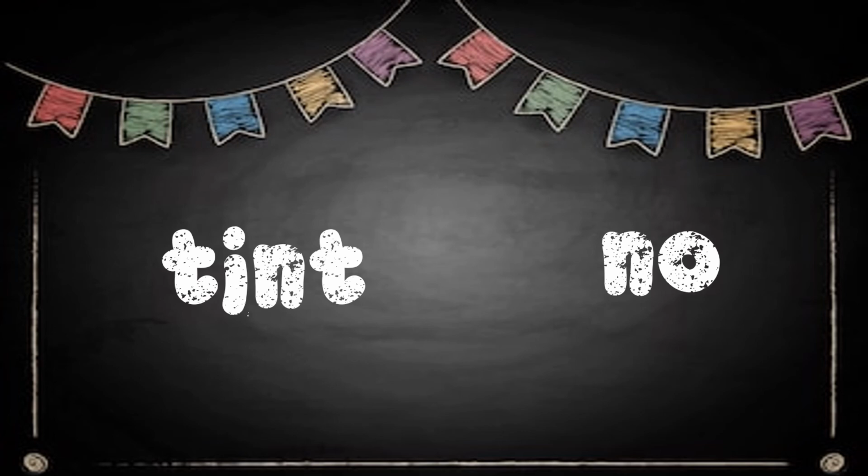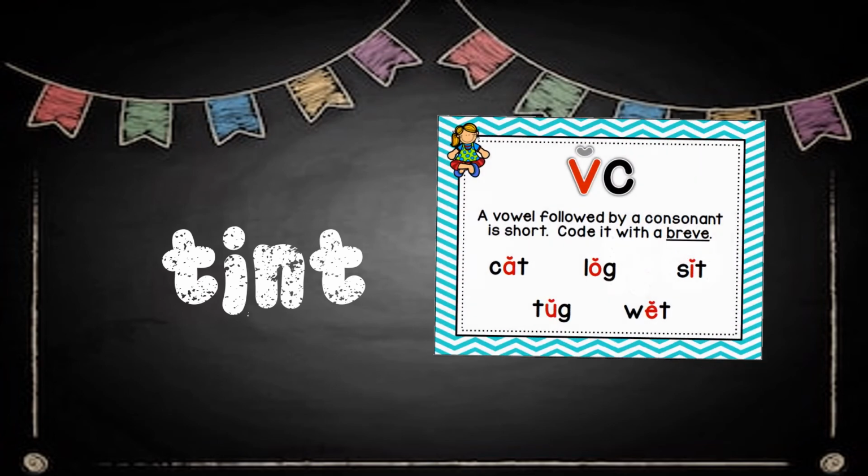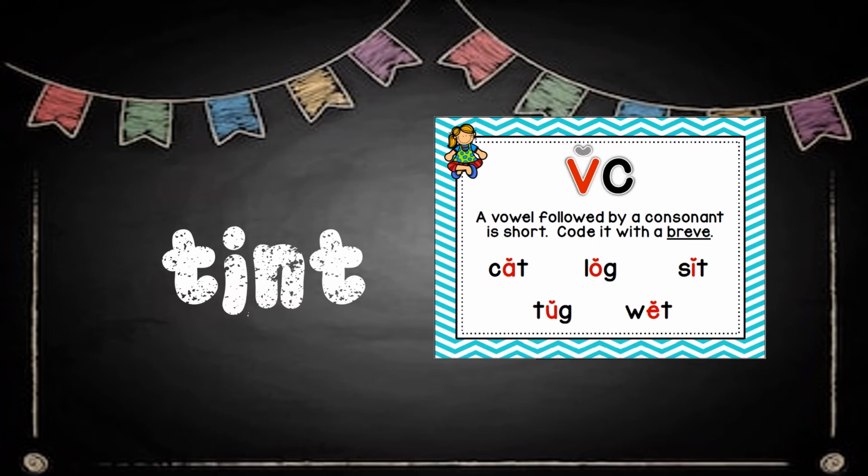Yes, the letter N is right behind the letter I. Remember, when we have a vowel followed by a consonant, it's going to make a short sound, and we code it with a breve. That's to remind us that this letter I is going to make a short sound. I, I, I.